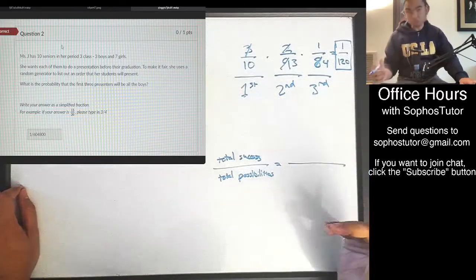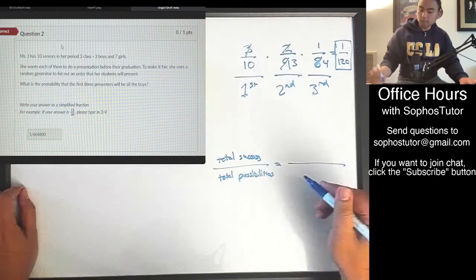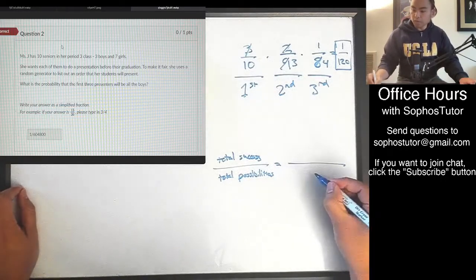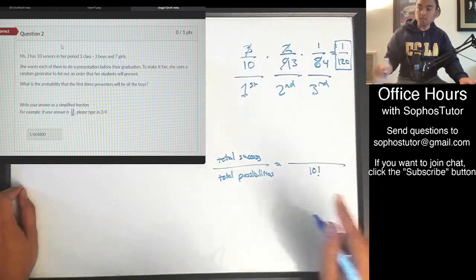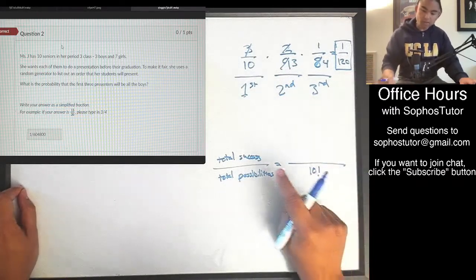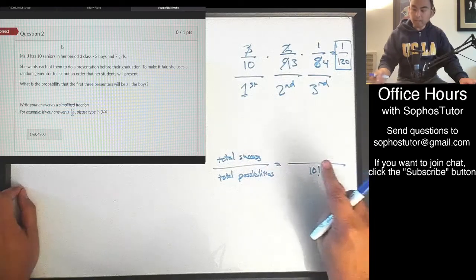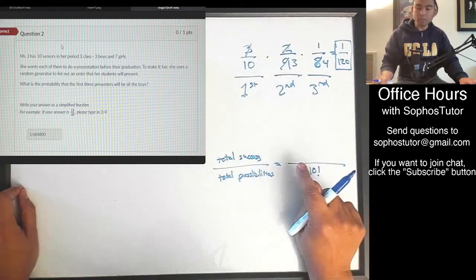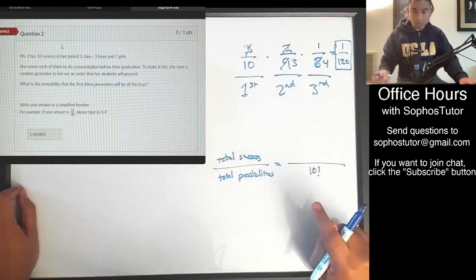If you have 10 students, all distinct, you're going to have 10 factorial ways of ordering those students from 1 to 10. Now, the successes are any situation where we have 3 boys as the first 3 presenters.